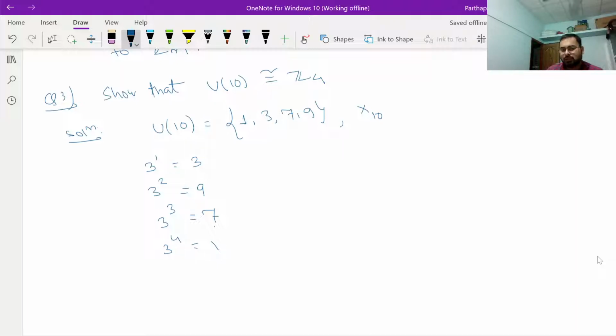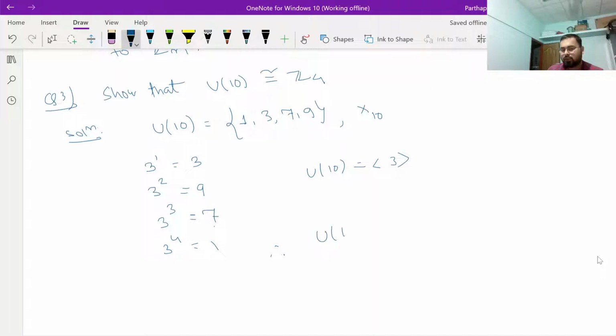So thus we have seen that all the elements of U10 can be expressed as a power of 3. So therefore U10 is a cyclic group generated by 3. So thus U10 is a finite cyclic group of order 4. From the previous example we know that any finite cyclic group of order n is isomorphic to Zn. So here U10 is a cyclic group of order 4.